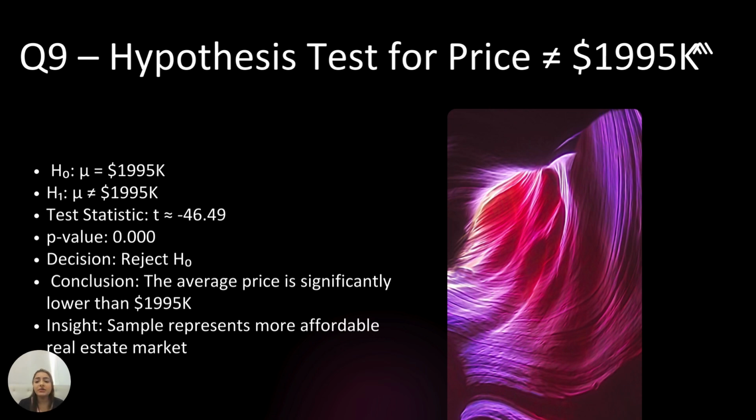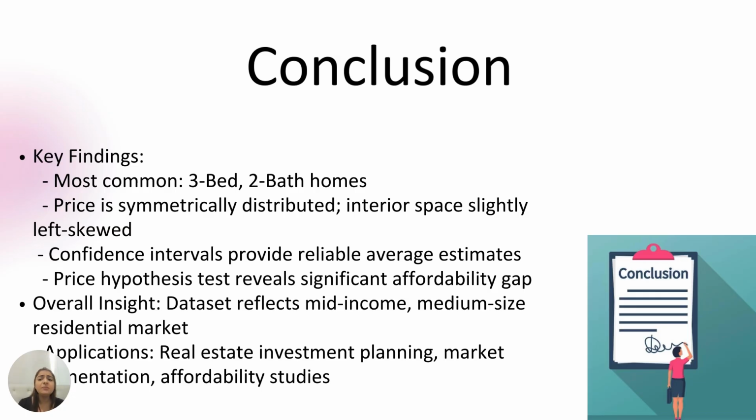The p-value is approximately equal to 0.00. Since the p-value is way below 0.05, we reject the null hypothesis. This means our data strongly supports that property prices are much more affordable than $1,995,000, which is approximately equal to $2 million.